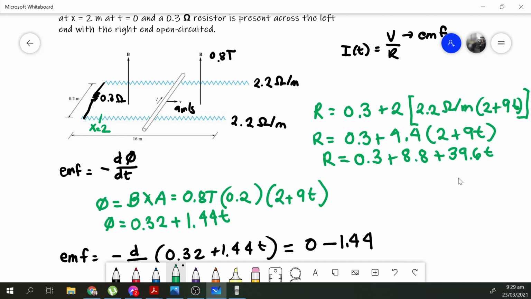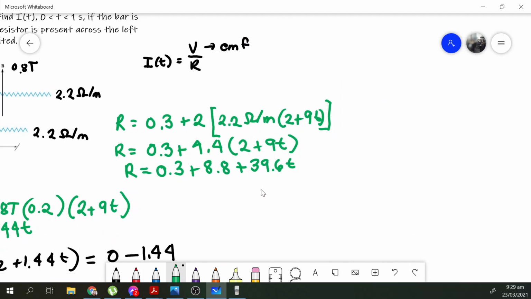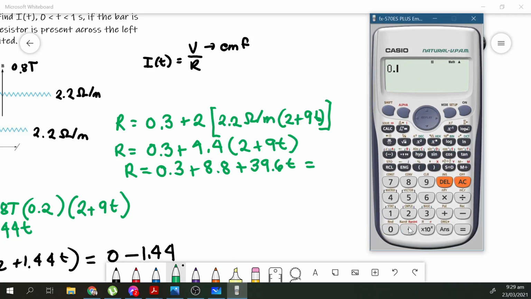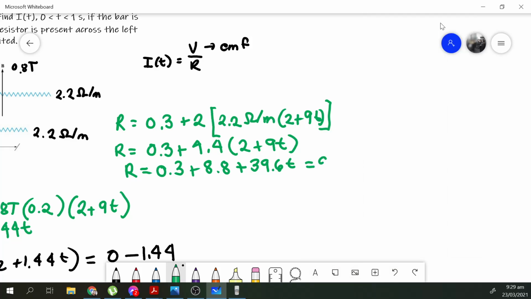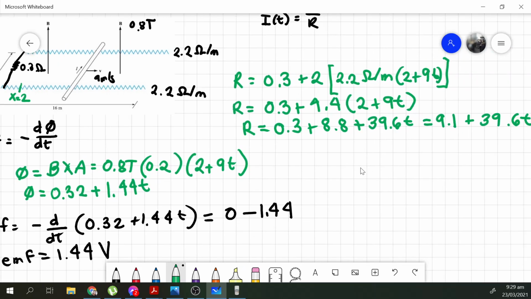We can simplify this in order to have the final function of the resistance, which is 0.3 plus 8.8, equivalent to 9.1, so you have 9.1 plus 39.6t. So we now have the value of the resistance and the EMF.